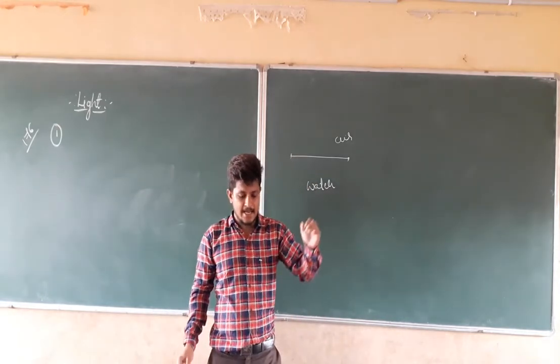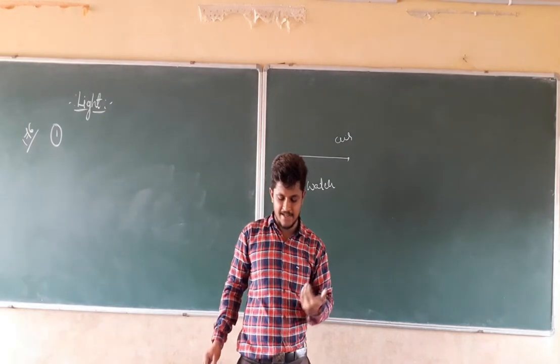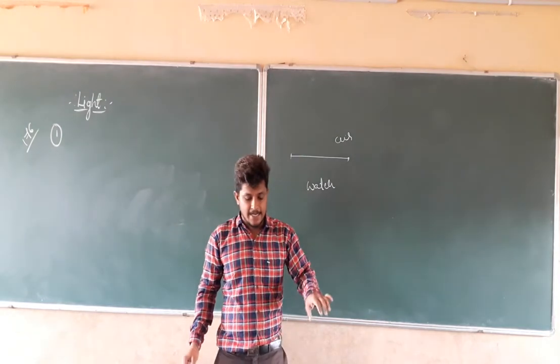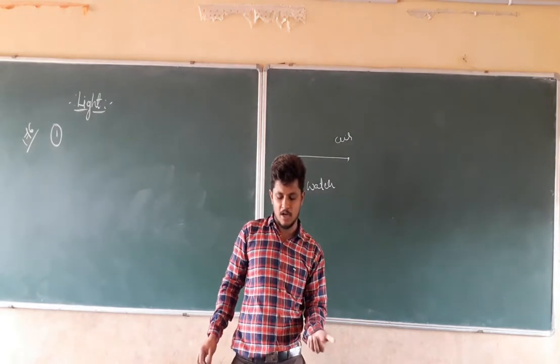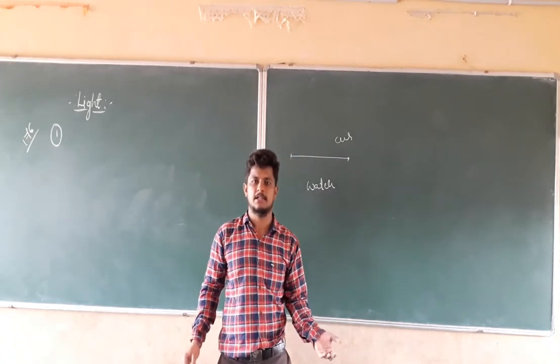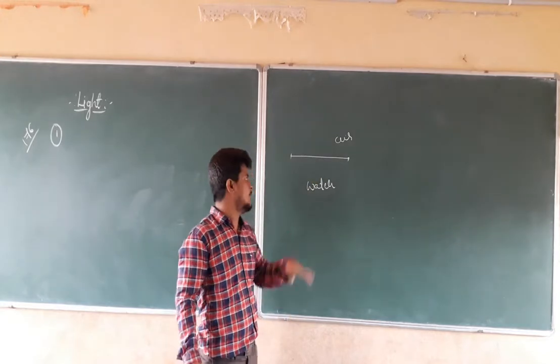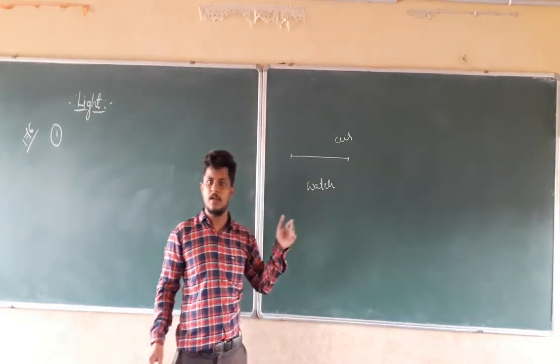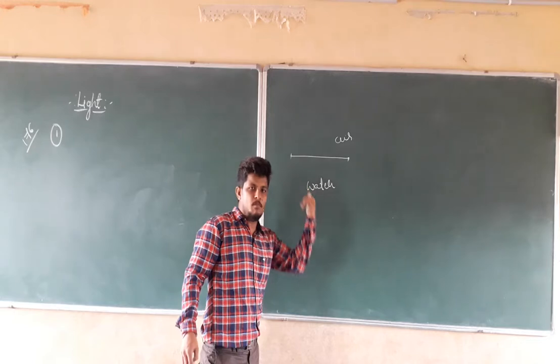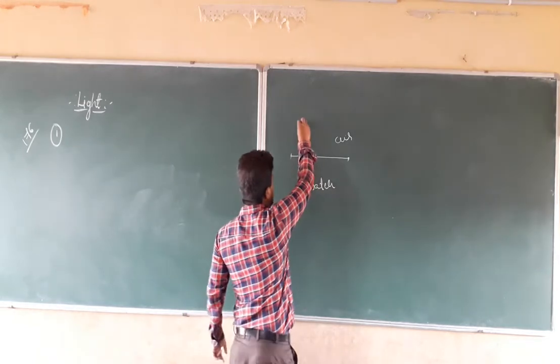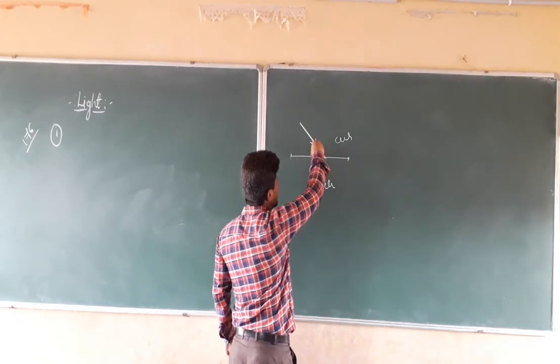So a ray of light traveling in air enters obliquely into water. Does the light ray bend towards the normal or away from the normal, and why? The light is traveling from the air medium to the water medium obliquely, that means with an angle. It is traveling like this.